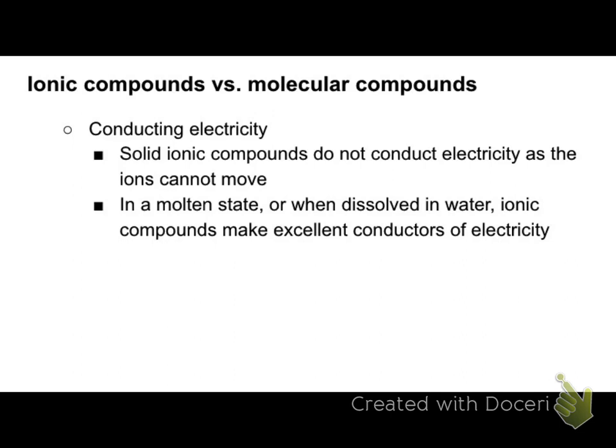When they get dissolved in water, because water is a polar molecule that has that partial positive and partial negative charge on it, it can exert attractive forces on the parts of this ionic compound and separate them from each other, essentially. And then once they've been separated, they are floating around inside the water and they can move around and help conduct electricity. So they tend to make excellent conductors of electricity when dissolved in water.